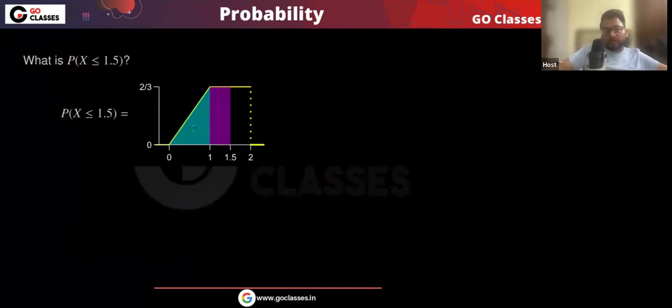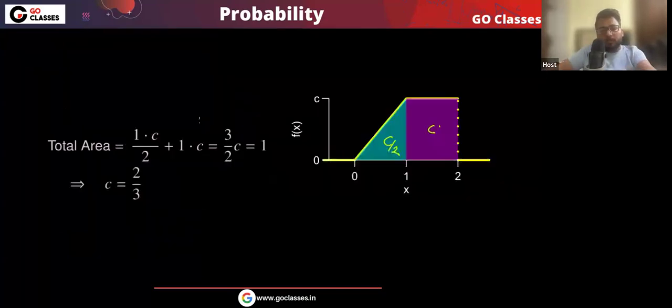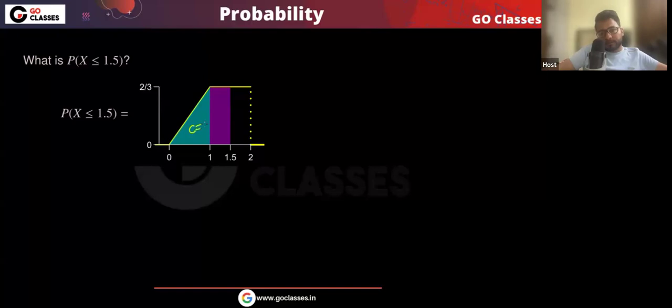Now, let's suppose the C is coming out to be 2 by 3. Suppose they ask you, what is the probability that X is less than or equal to 1.5? Can you calculate it quickly? So it is 2 by 3, the first area, plus this much area, right?